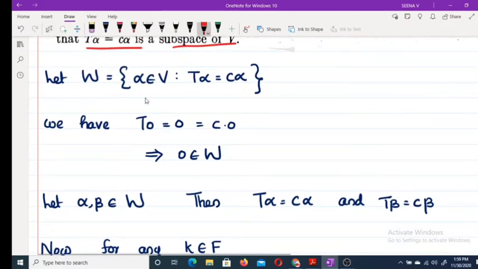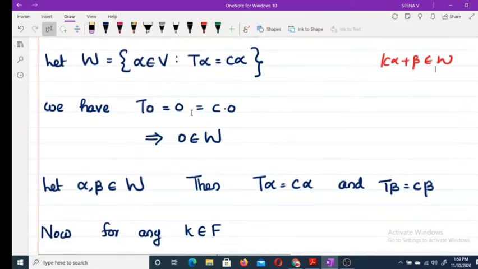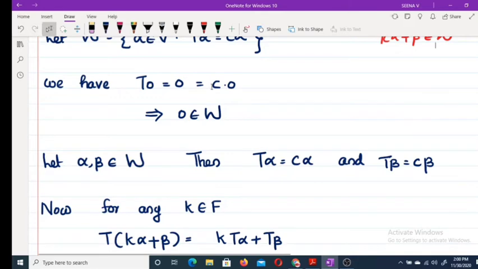For this we have to prove first that W is non-empty, then that K alpha plus beta belongs to W for every alpha, beta belonging to W and K a scalar. Because here we are choosing C, therefore here we use K. Now T0 equal to 0 equal to C into 0. This implies 0 belongs to W.